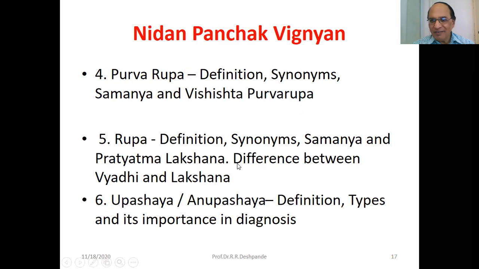Nidana Panchaka Vijnana, Purva Rupa, definition, prodromal symptoms, warning signals. If the patient has a sudden change in the voice, I am speaking and all of a sudden, since the last 3 days, 4 days, 1 month, I am having a different voice.